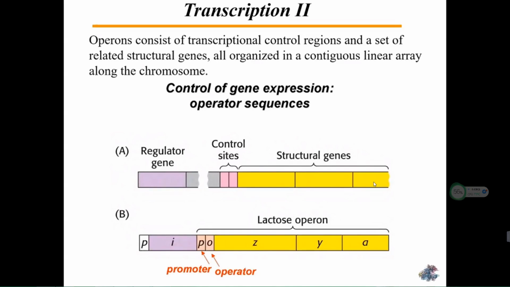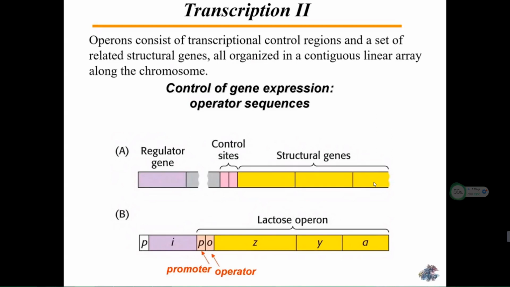So let's just define what an operon is. It really consists of, as depicted on the slide, transcriptional control regions and a set of related structural genes that are organized in a contiguous linear fashion along the chromosome.